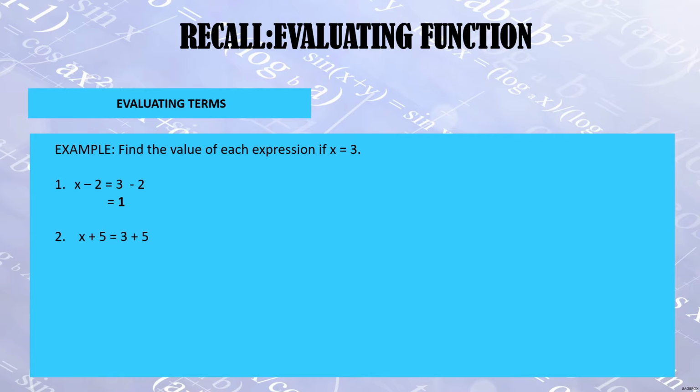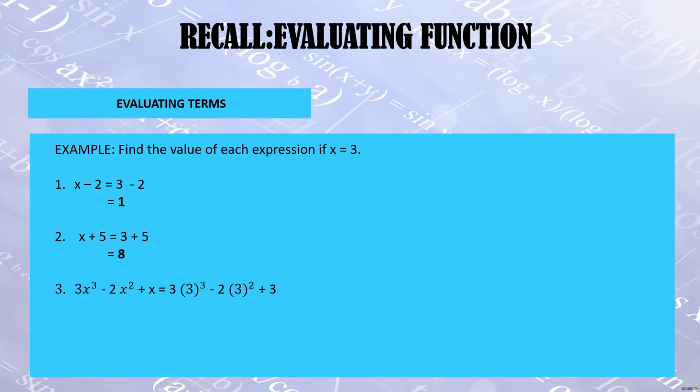Another example. From the equation x plus 5, if we substitute x equals 3, meaning to say, papalitan natin yung value ni x ng 3, from x naging 3, kung makikita nyo dyan sa screen. Kaya naging 3 plus 5, therefore we have 8.